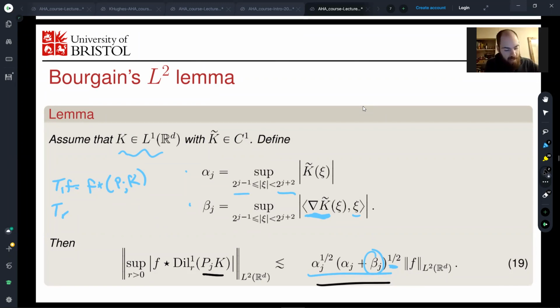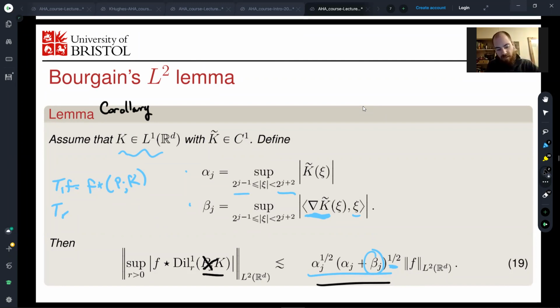Wonderful. Now you can get a corollary of this, and that is by just removing the projections. That was for one single j, right?